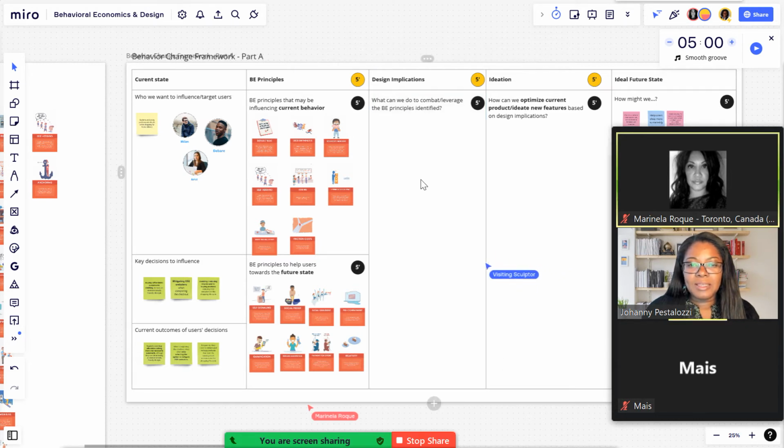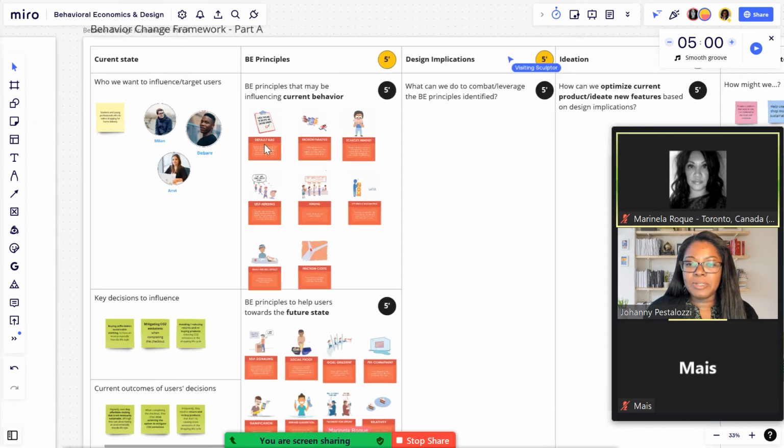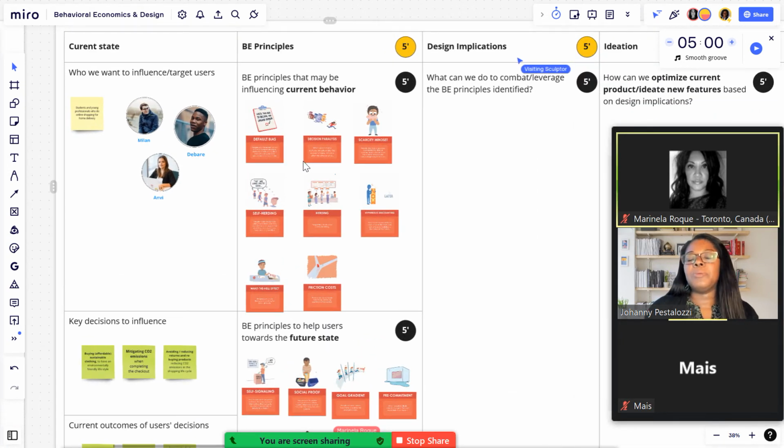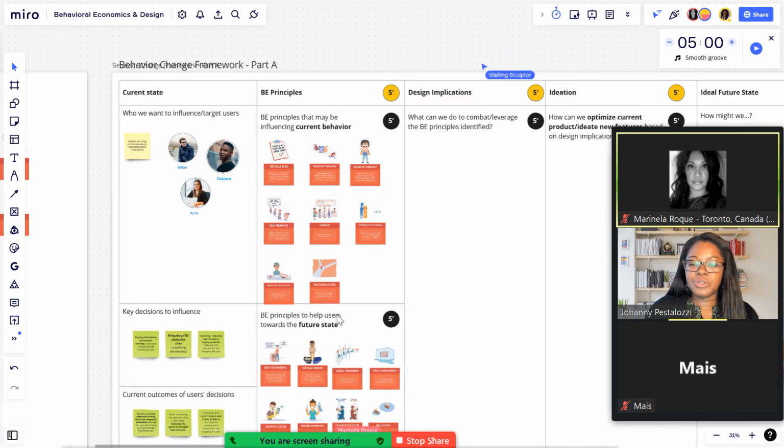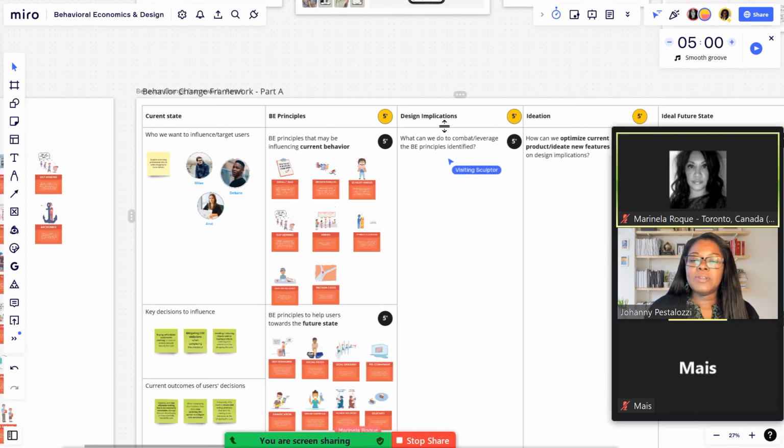And the idea is that we focus based on these principles that we collected, describing what is the current behavior and what is a future state. We start now ideating how these principles could translate into things in our design that can help our users be more sustainable.